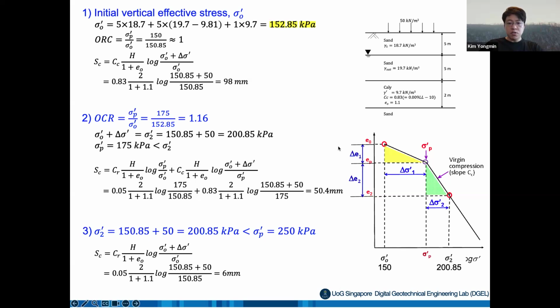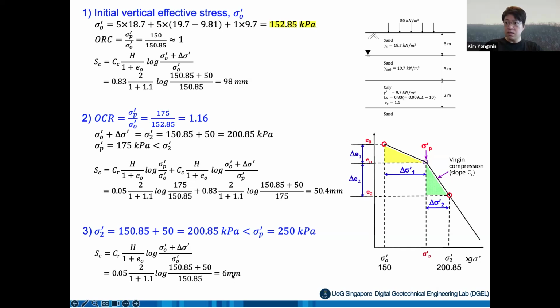Number 3 question is only the yellow area. So we are going to use CR, not CC. CR is 0.05, CC is 0.01, 0.5, 2 meter, 1 plus initial void ratio, log of your initial effective stress plus final effective stress.